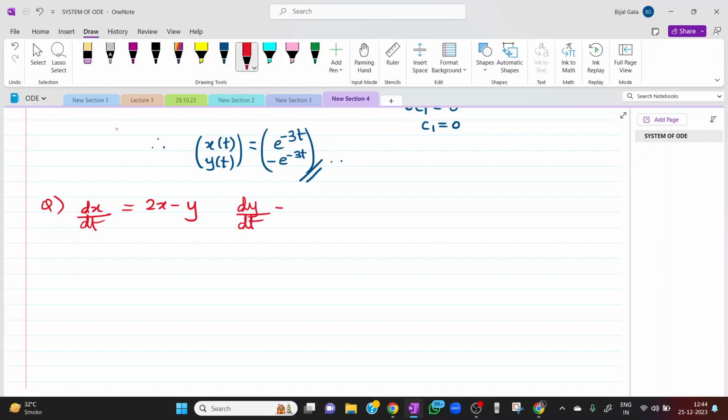So again, there is an existence and uniqueness theorem for system of equations, which says every IVP here will also have a unique solution. Okay, so that is also a part of your syllabus. And yeah, this is the sum which I'm leaving as a homework. Fine, so we'll stop here.